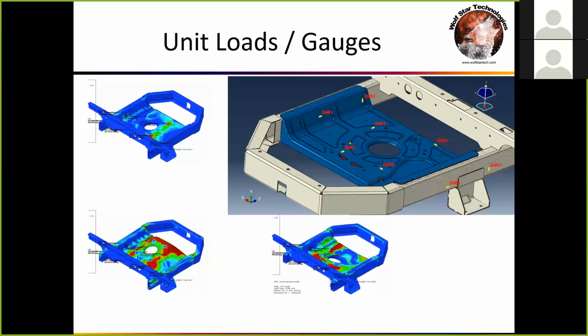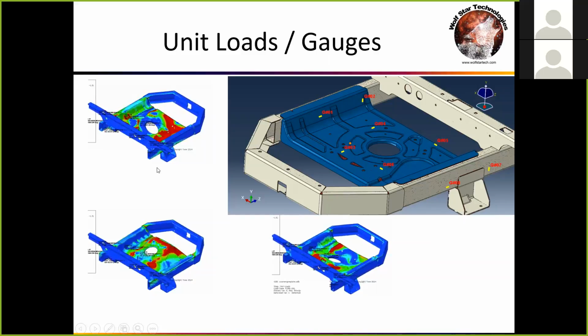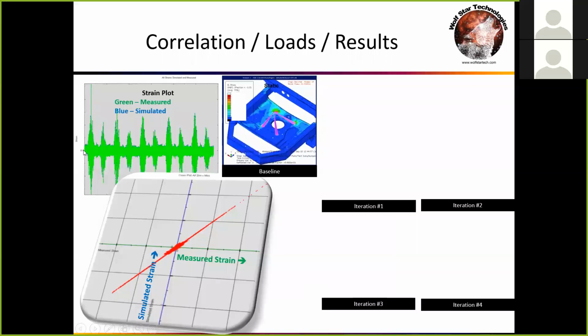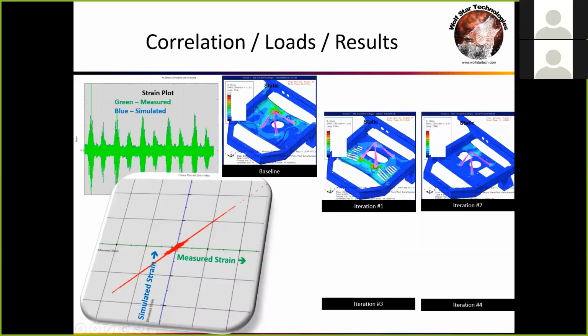Then true load comes in and says, place strain gauges at these eight locations on the structure, and then we place the strain gauges on the physical part. The measured strains are showing here in green, and the blue is showing the simulated strains, and they're line on line. You can see our cross plot is line on line.